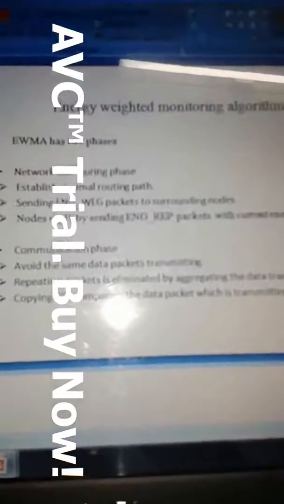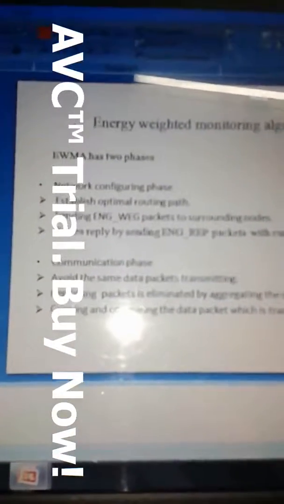This is the energy weighted monitoring algorithm. It consists of two phases, the network configuring phase and the communication phase. In the network configuring phase, the main aim is to establish the optimal routing path. After establishing the nodes, it sends energy weighted packets to all surrounding nodes.